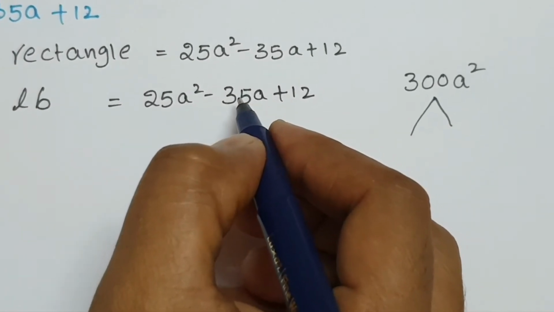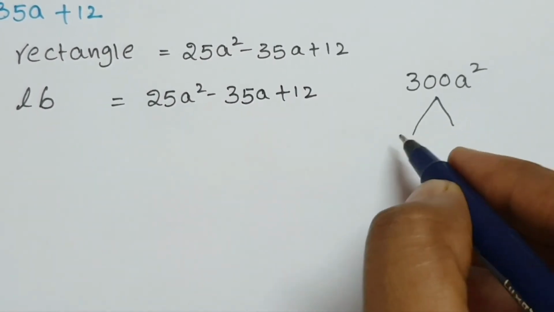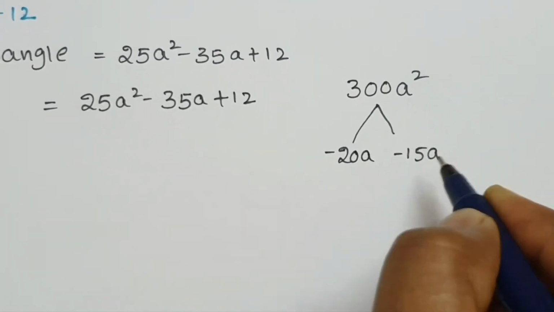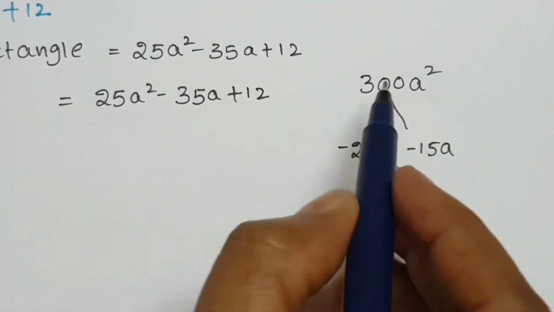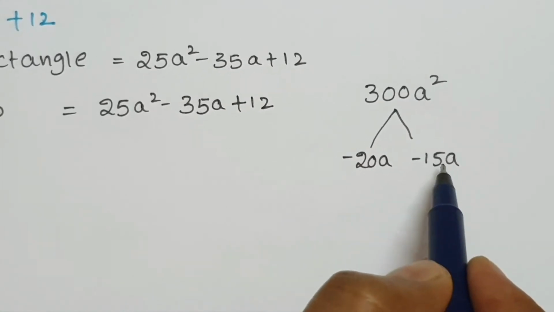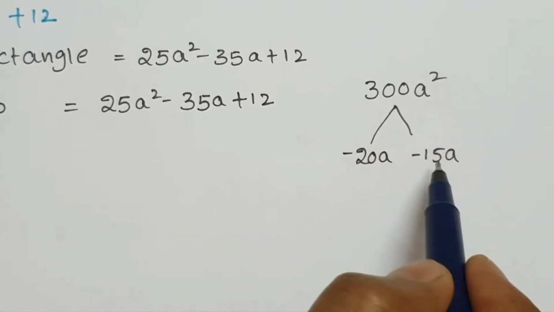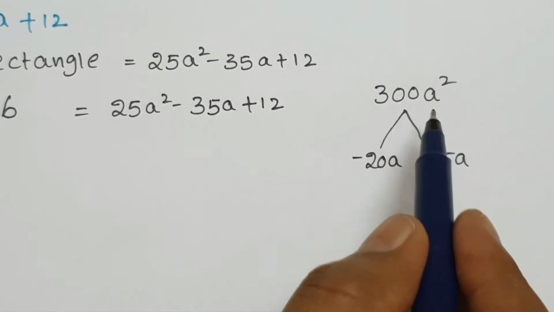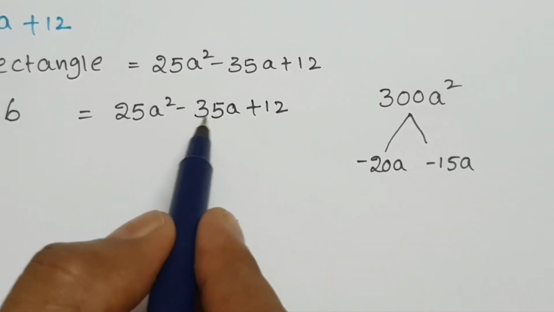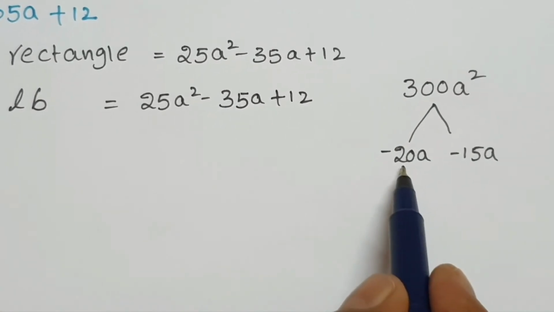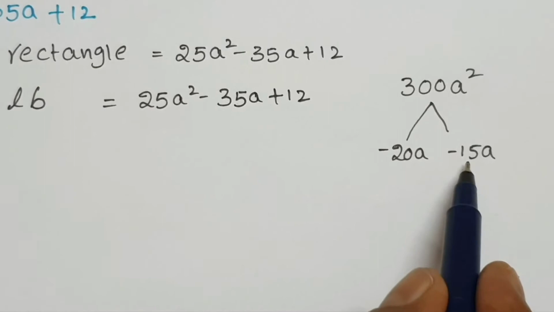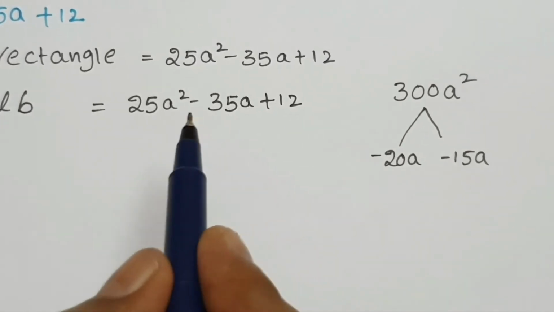Choose the two numbers: minus 20a and minus 15a. Minus into minus is plus, 20 into 15 we get 300. And the middle one is minus 35: minus 20 minus 15, we get minus 35.